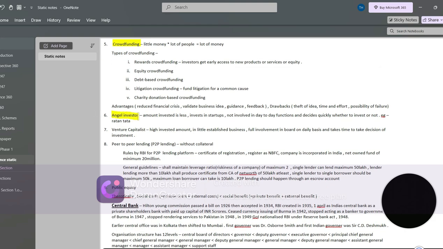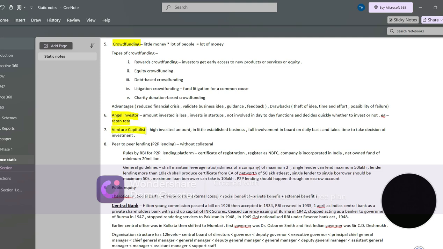Next is an angel investor. Angel investors are people who invest a smaller amount of money, but they invest in startups and they are not involved in day-to-day functions, and they also decide quickly whether they want to invest or not. One example is Ratan Tata. Next is the venture capitalist.